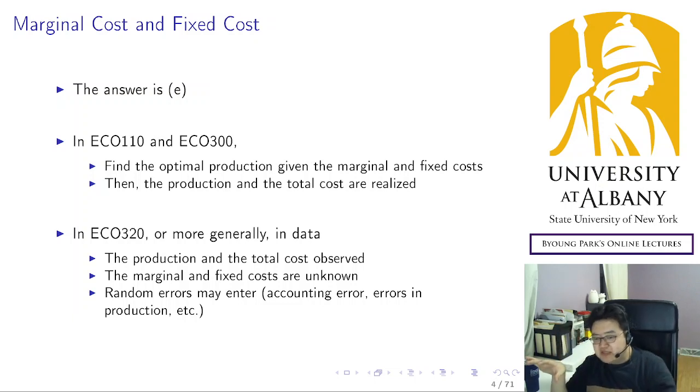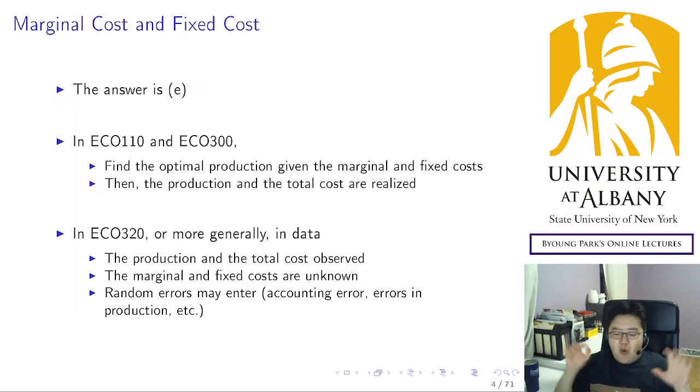What we observe is how much a firm produced and how much it costs to produce them. And then from there, we do not know the underlying marginal cost and fixed cost. Even the firm does not know the exact marginal cost because it's too complicated these days. There are accounting problems and inventory problems. Calculating the marginal cost is not easy, even in a restaurant, right?